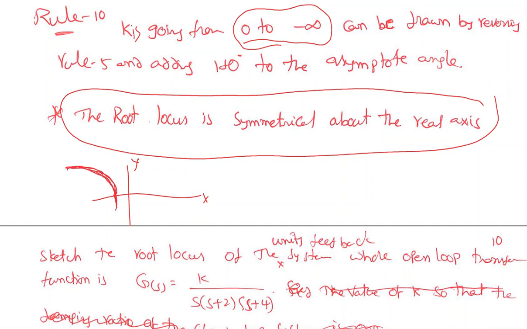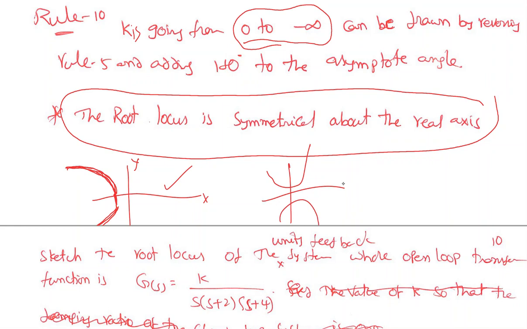Now below the x-axis it is going to be the same way. When I fold this paper on the x-axis, it is going to be symmetrical on both sides. So yes, that's a good one. Maybe something like this. If you have this, then definitely you will have another locus underneath that.